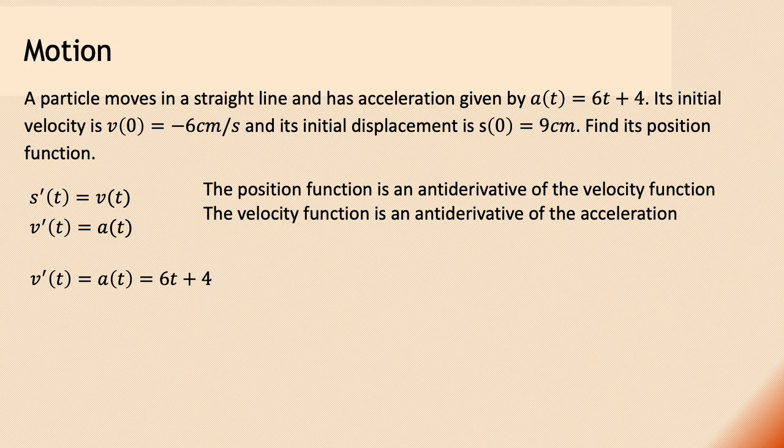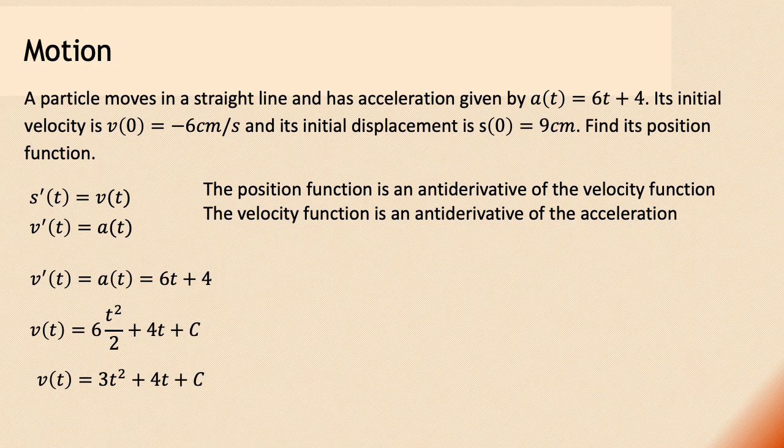Using the power rule, we have 6t. t has an exponent of 1, so we add 1 to the exponent and divide by that new power. We end up with 6t squared over 2 plus 4t plus our arbitrary constant. Let's simplify that first term. We get 3t squared plus 4t plus c.